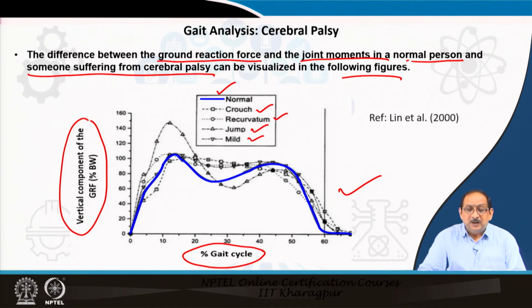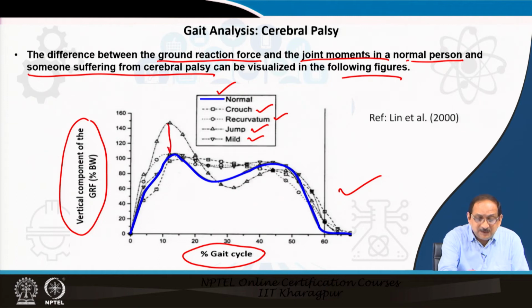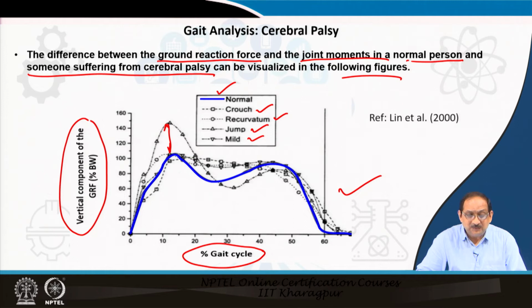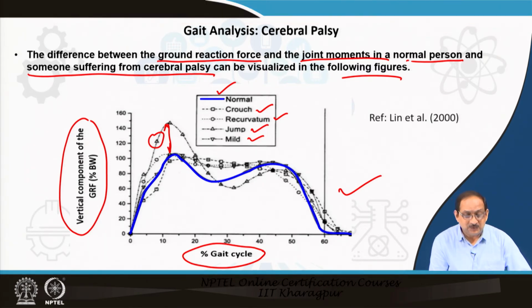So, the deviations in the vertical component of the ground reaction force are very much evident in this figure, as can be seen for one case, the jump, represented by a triangle. There is a significant difference in the ground reaction force.